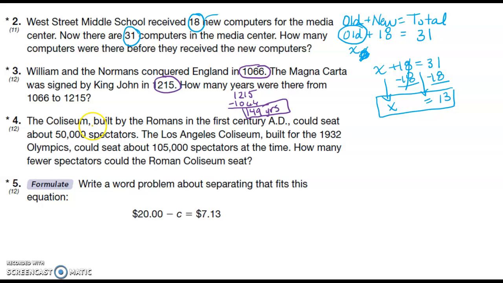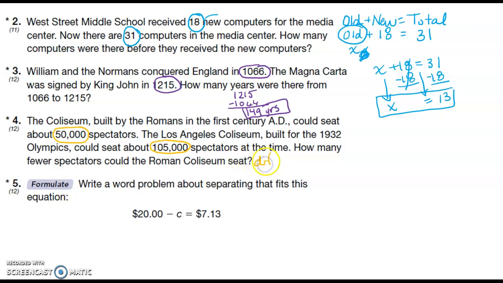Number 4, the Colosseum, built by Romans in the 1st century A.D., could seat 50,000 spectators. I don't know if that's a number we need, but I'm going to circle it. The Los Angeles Colosseum, built for the 1932 Olympics, could seat about 105,000 spectators. How many fewer spectators could the Roman Colosseum seat?